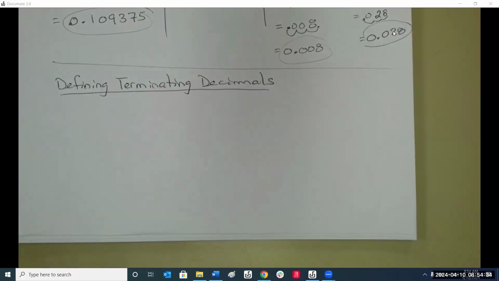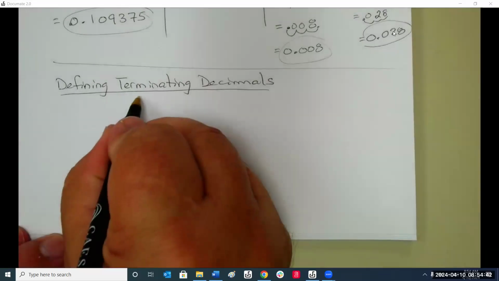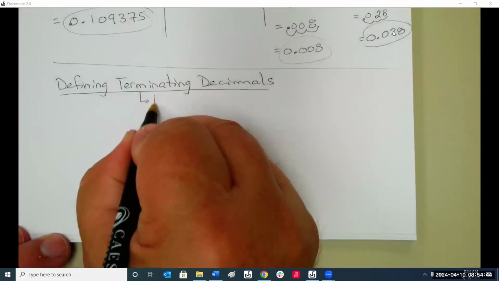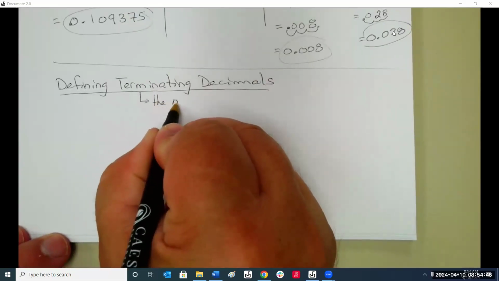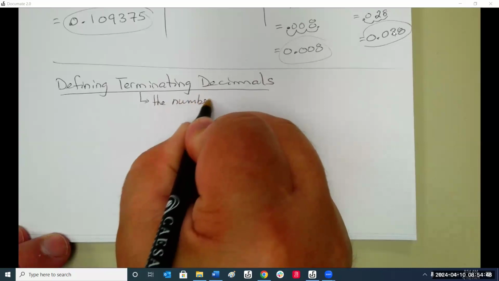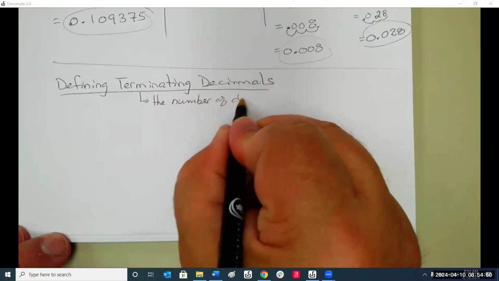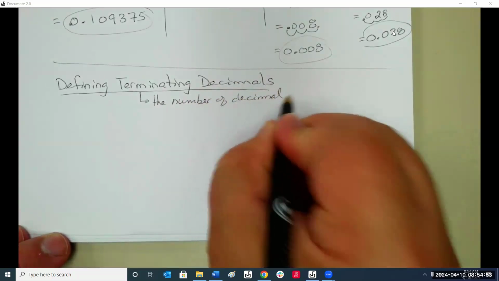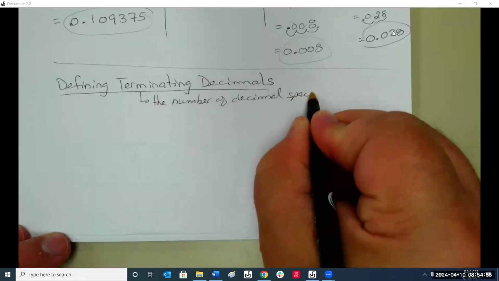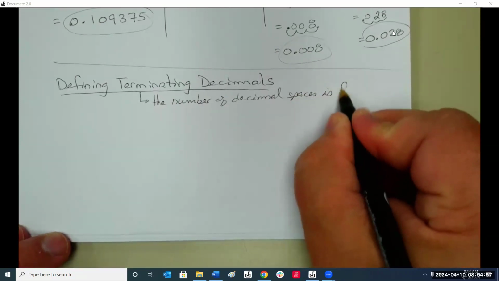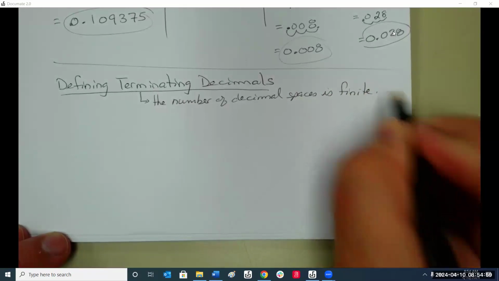What does it mean by terminating decimals? The number of decimal spaces is finite.